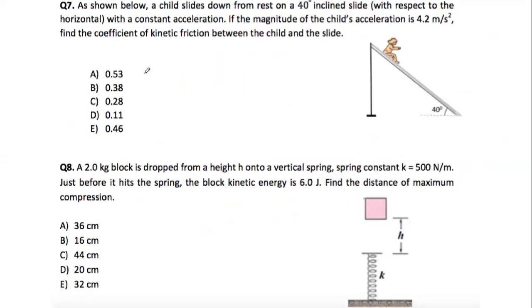Read it carefully. We have an inclined plane again. The angle theta is 40 degrees. And the boy, or the child, is sliding down with a constant acceleration. It's a rough inclined plane.